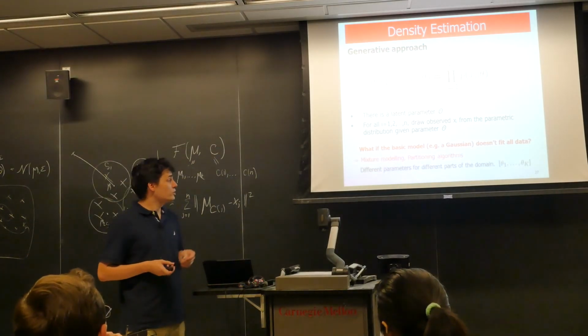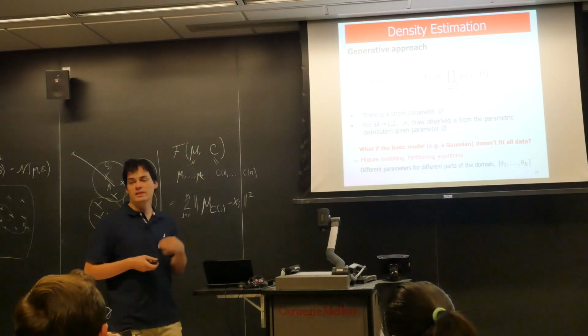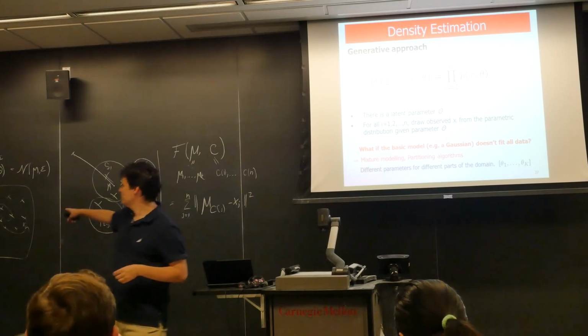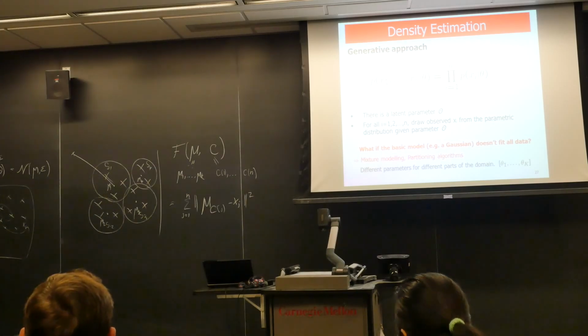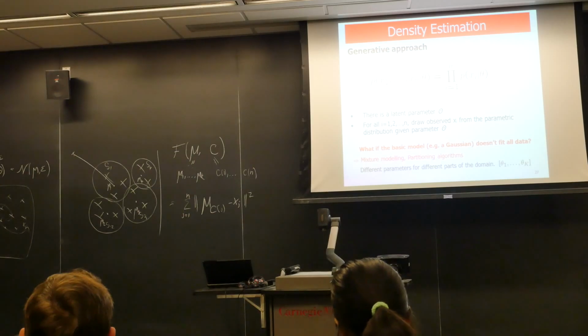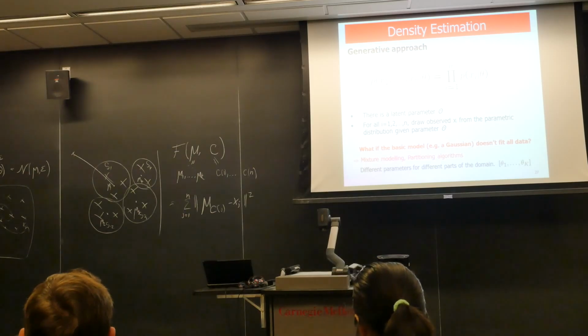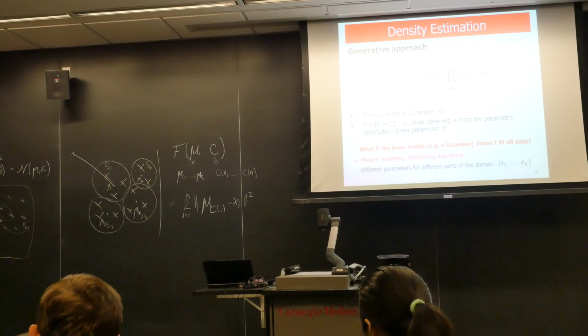Okay, so that's one approach, and there will be another approach which is called mixture modeling, where you don't really do this partition. So with the partition algorithm, again, what you do is you have the whole domain, you make a partition of that domain, and depending on where you are, if I'm here, I fit a Gaussian to these points.